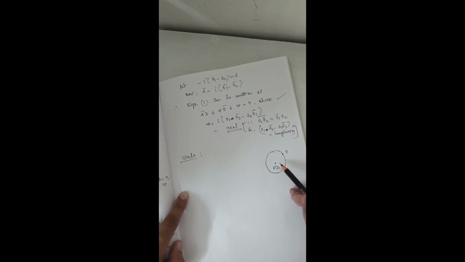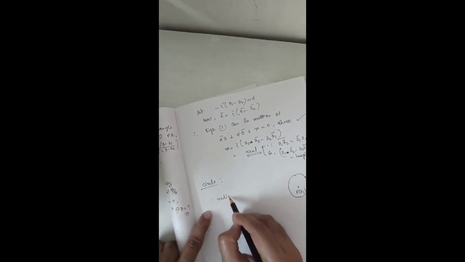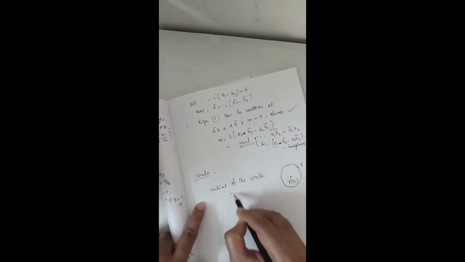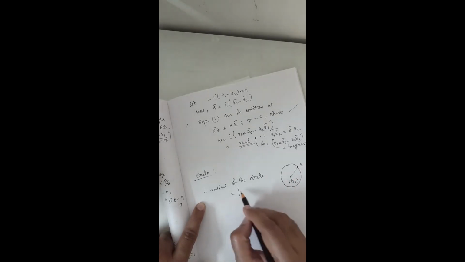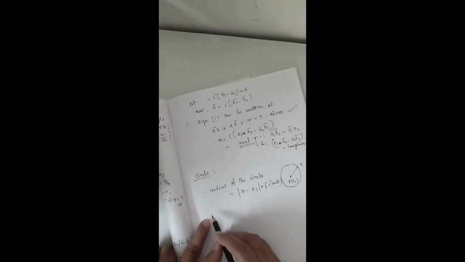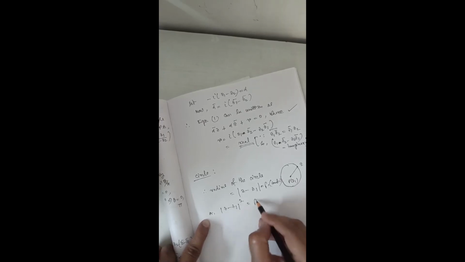In a circle there is a property that the radius remains constant, unchanged. So the radius of the circle, which is the modulus of z minus z1, will be a constant rho. Now, if you square both sides, modulus of z minus z1 whole squared equals rho squared.